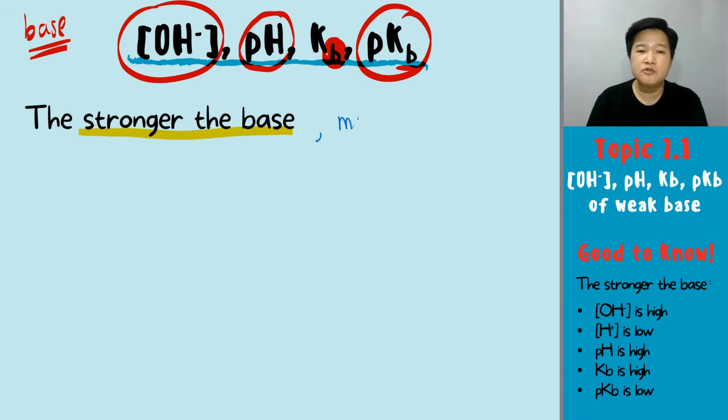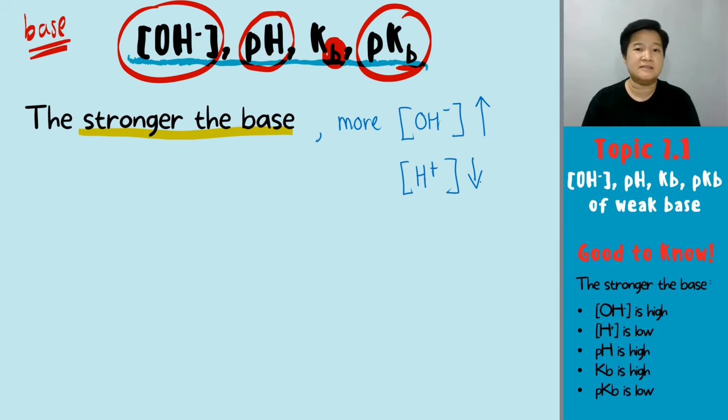Stronger base means more OH minus. Agree? And higher OH minus over here also represents a decrease in the concentration of H plus. It's a base, guys. It's basic. So the thing that you should have extra in your beaker will definitely be OH minus. Therefore, in a base, the H plus is very little.